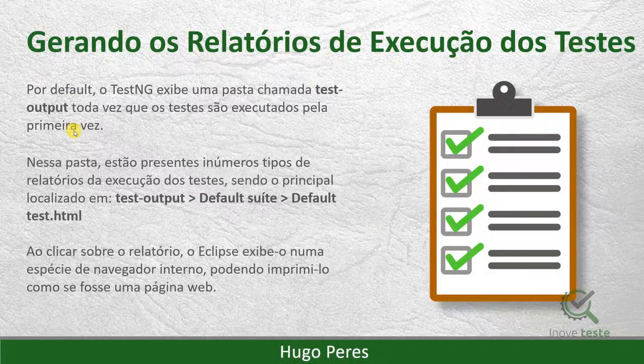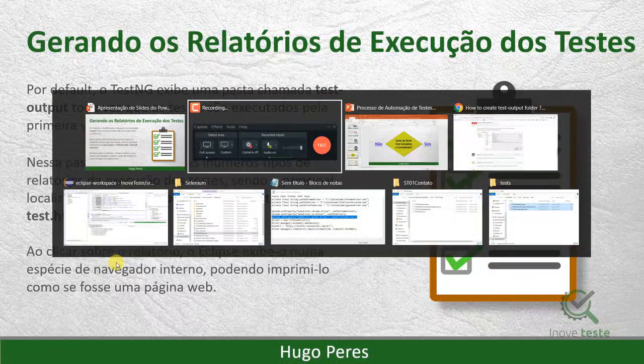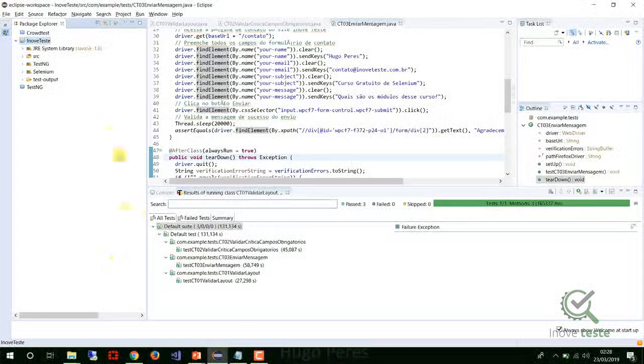TestNG itself will take care of that. If you look at our project, this default folder is generated called test-output, where TestNG generates some reports in different formats regarding the execution of the tests.